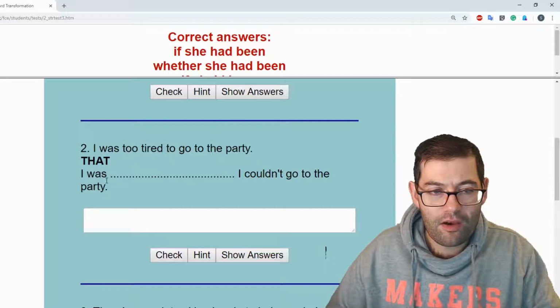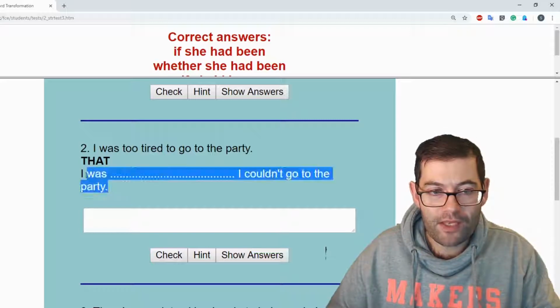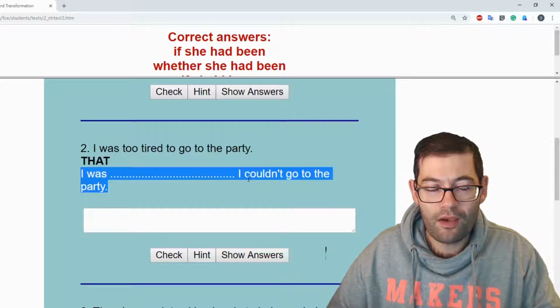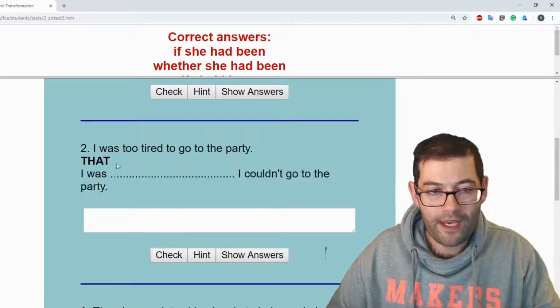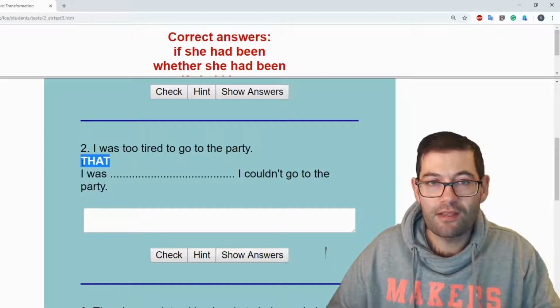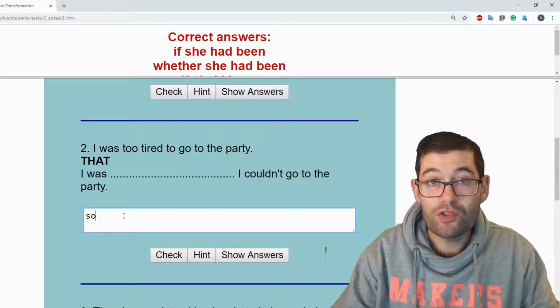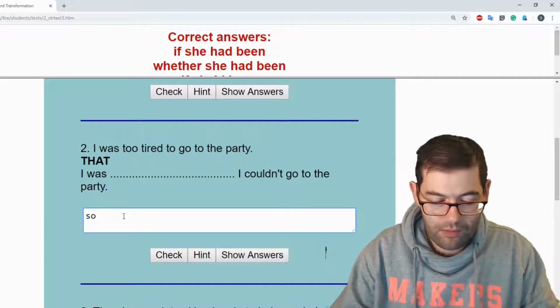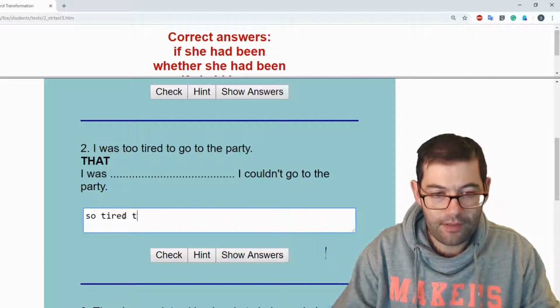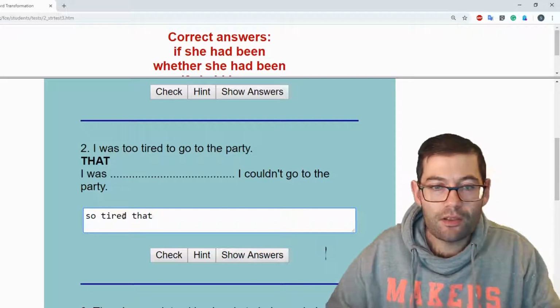We've got here, I was something, and that's our gap. I was something, I couldn't go to the party. And our keyword is that. So what emphatic structure can we use here? We can say, so. I was so tired that I couldn't go to the party.